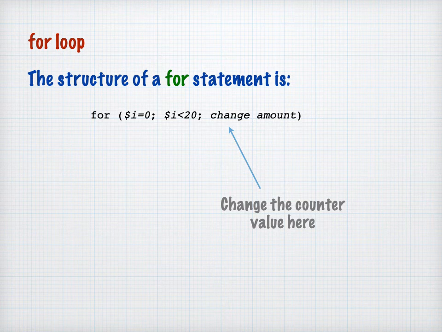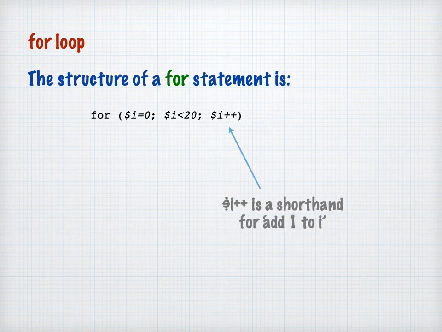But what we haven't described is how $i will change every time the loop runs. So here we'll add some syntax to change the counter value. This is a notation used in many different programming languages, and it looks like this: $i++. That's a shorthand notation for add 1 to $i.